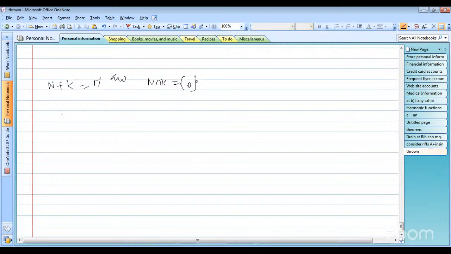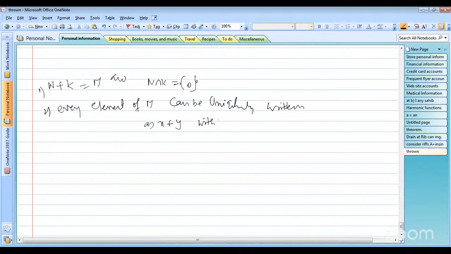Every element of M can be uniquely written as x plus y, if x belongs to N and y belongs to K.